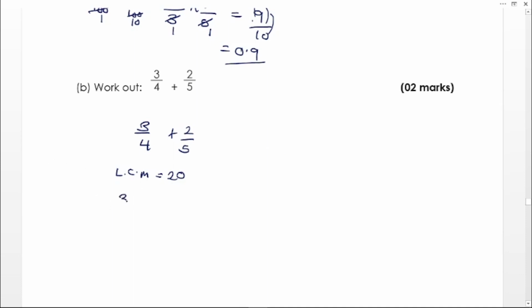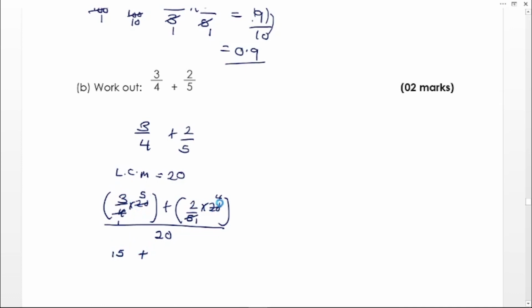Now here we are going to have 3 quarters by the total parts, then allow brackets, plus 2 fifths by the total parts, divide by 20 here. So by 4 is 5, then by 5 is 4. There are 4 fives. 3 by 5 is 15, plus 2 by 4, 8 out of 20.